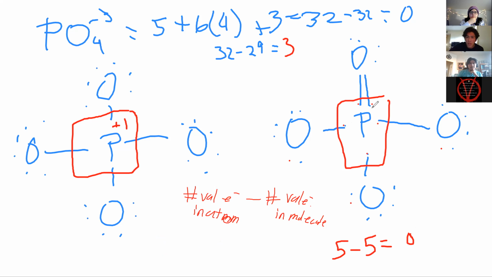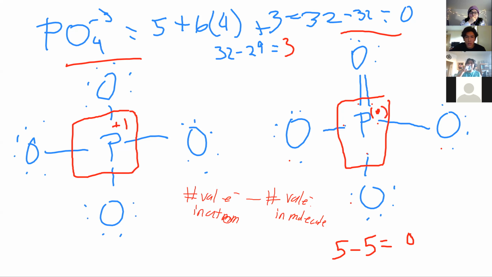With that being said, you prefer to use the one with the smallest formal charge. Which one would you think is the more accurate Lewis dot structure for phosphate, the one on the left or the one on the right? The one on the right. Yeah, the one on the right would be your most preferred, or accurate, one.